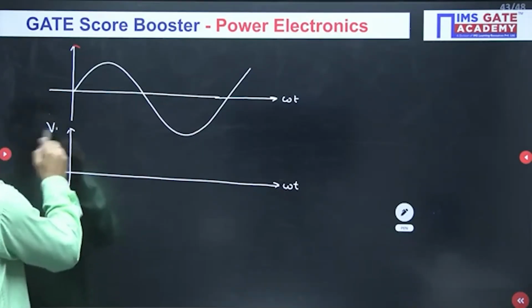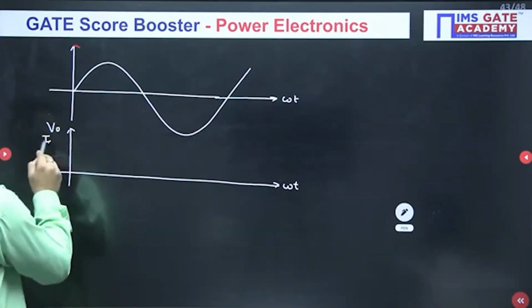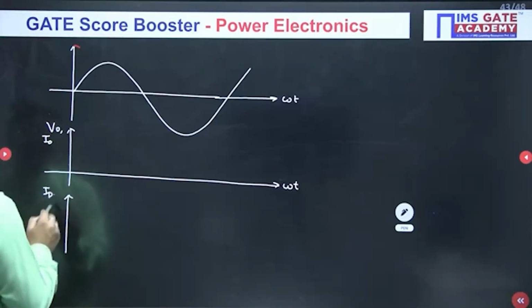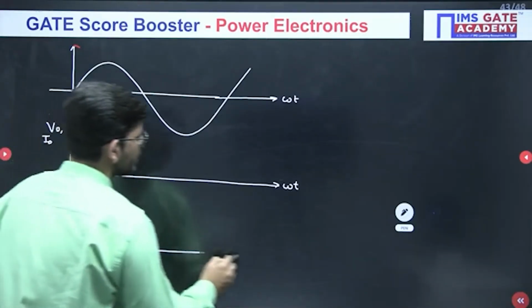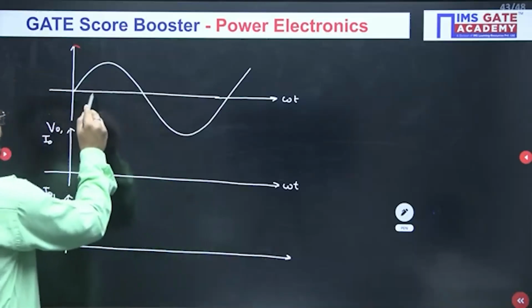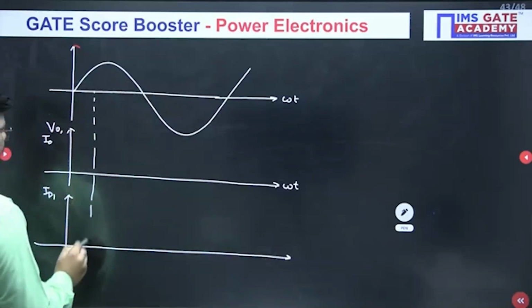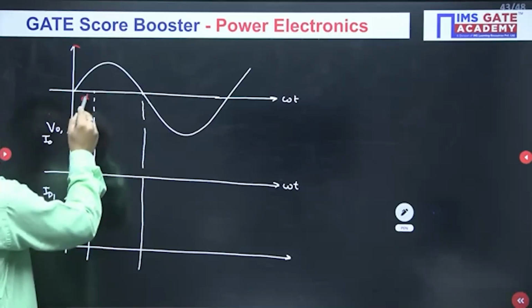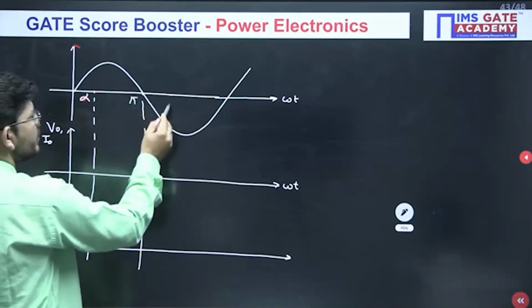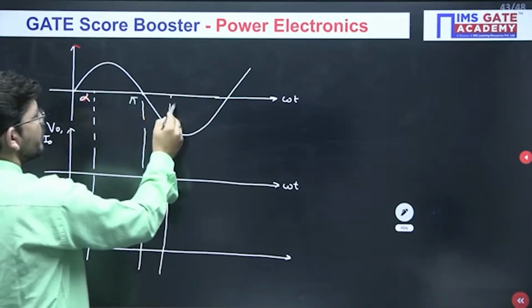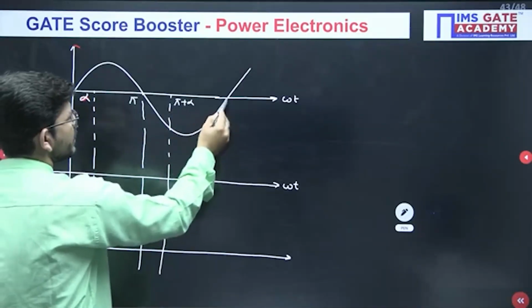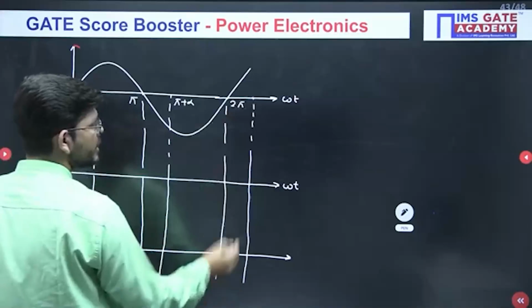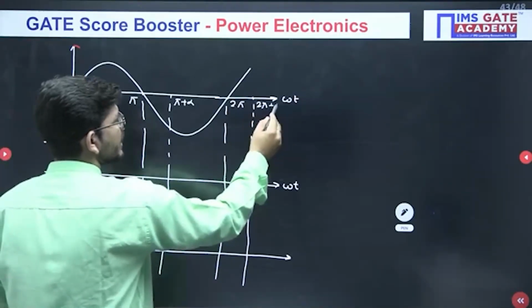Let me plot the output voltage first of all, and I will be plotting current as well here, and then I will be talking about diode current. So these will be my instants. Here I have alpha, then this will be pi, then pi plus alpha, then this will be 2 pi. Similarly, I will have something here which is 2 pi plus alpha.